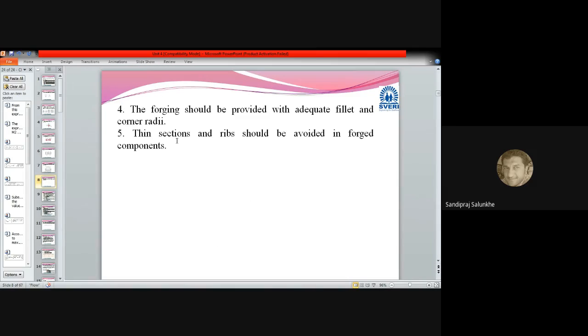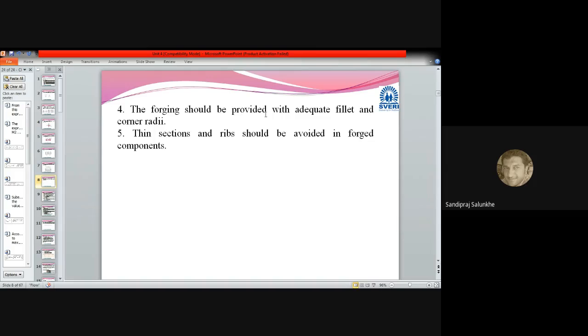No doubt that this care has to be taken at the time of designing the die and hammer for the manufacturing also. But our component should be in such a way that at the parting line, small material should flow in the die and maximum material should flow in the hammer.